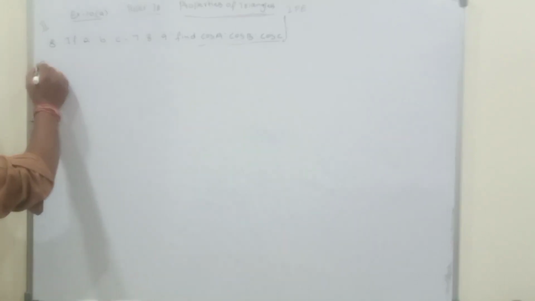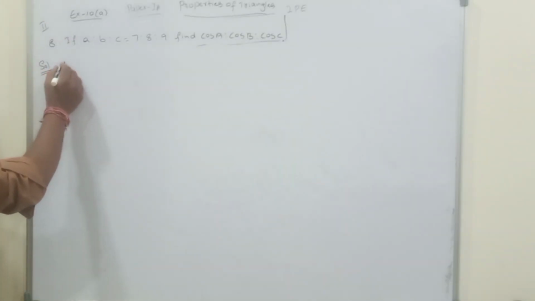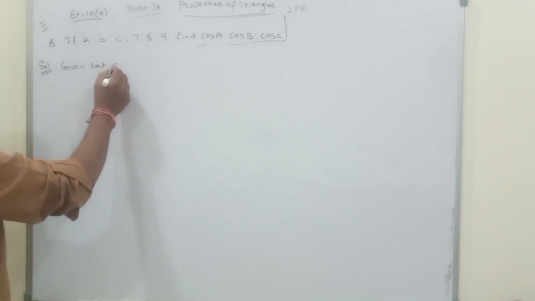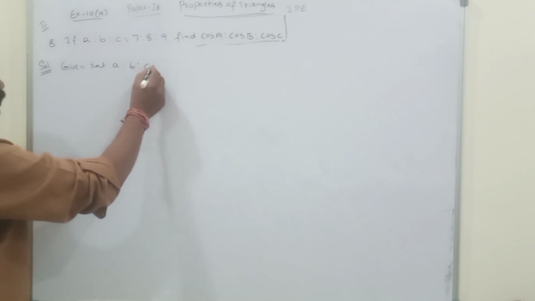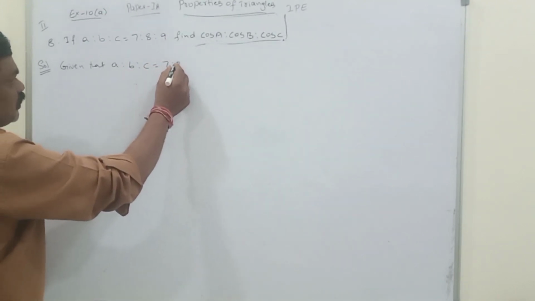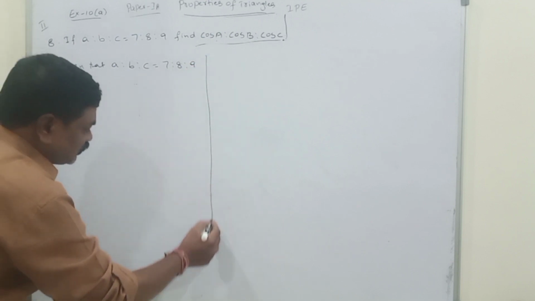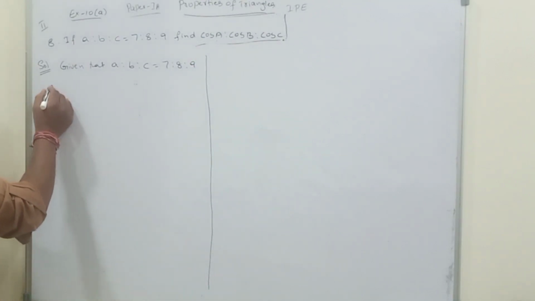So here we have given that a is to b is to c is equal to 7 is to 8 is to 9. So what is a?